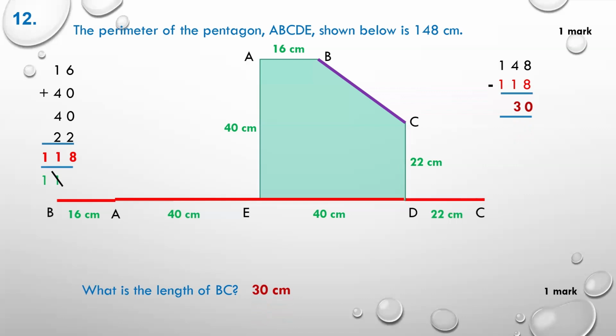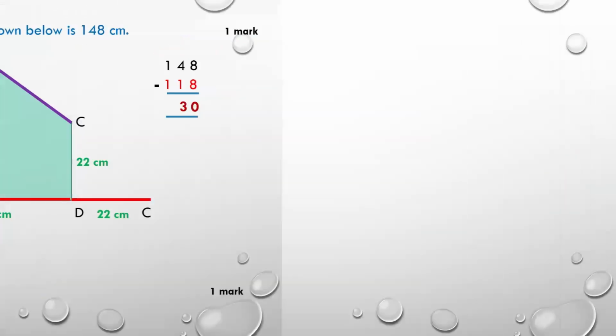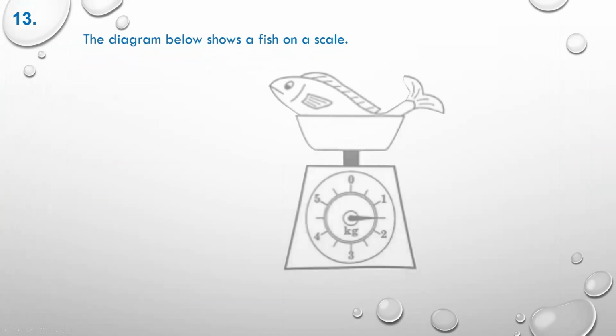So let's go again. Let's look at number 13. As we move to number 13, this is a question looking at mass. The diagram below shows a fish on a scale.